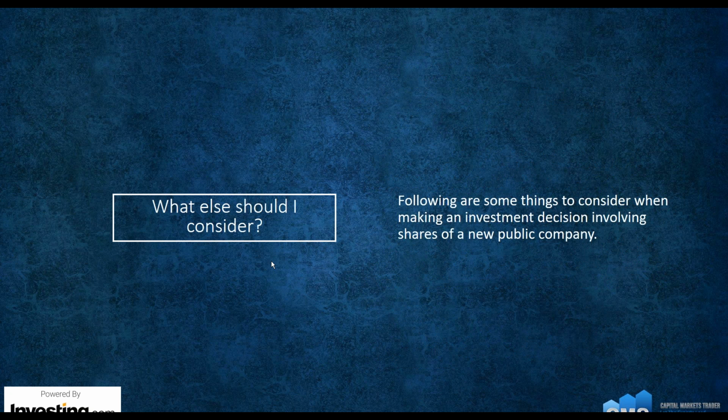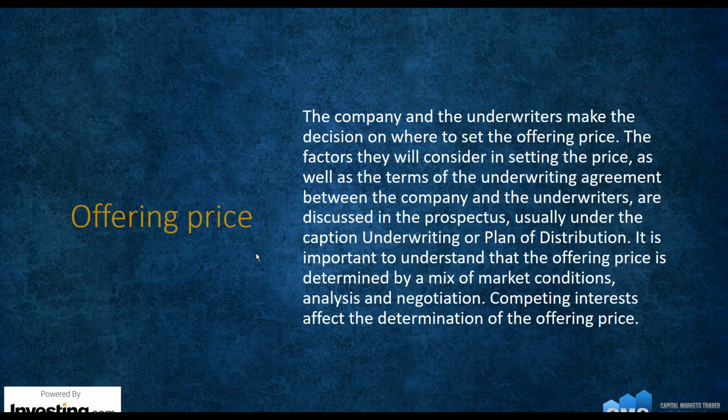Okay, so what else can you consider? Following are some things to consider when making investment decisions involving shares in newly public companies. The company underwriter makes the decision on where to set the offering price.